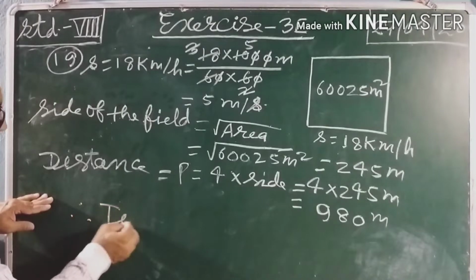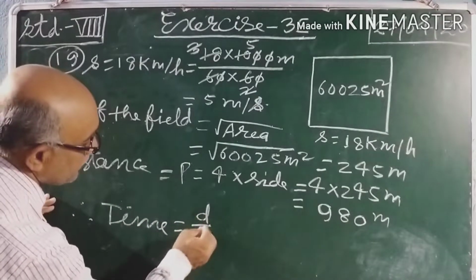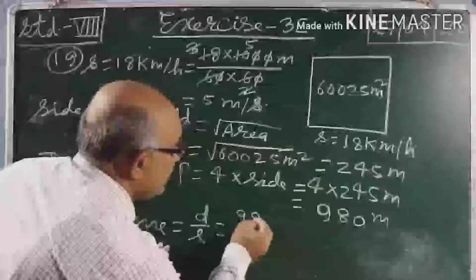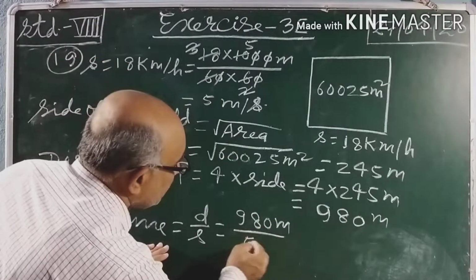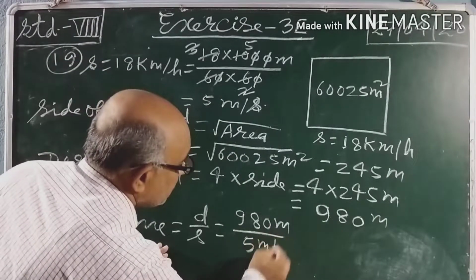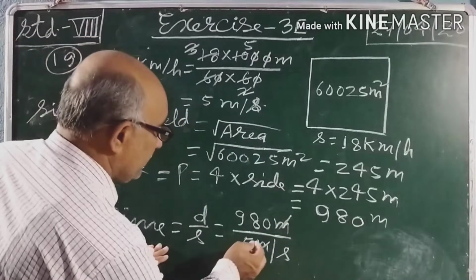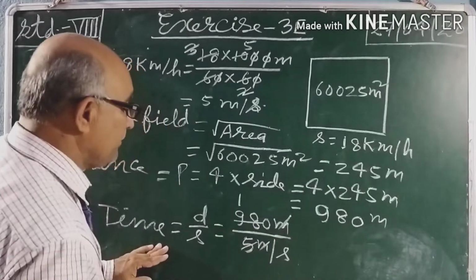Now find the time. Therefore, time is equal to distance by speed. So distance here is 980 meter and speed is 5 meter per second. Meter cancel. Divide 980 by 5. 5 1 is 5.